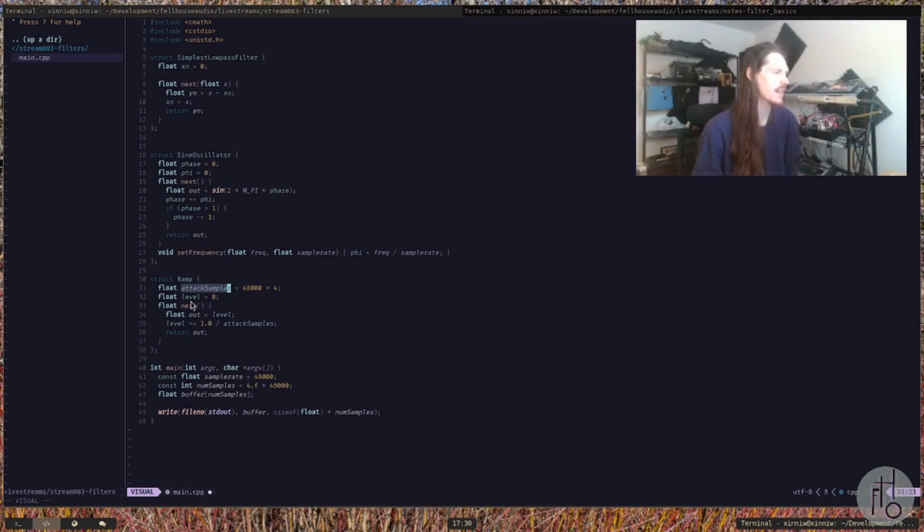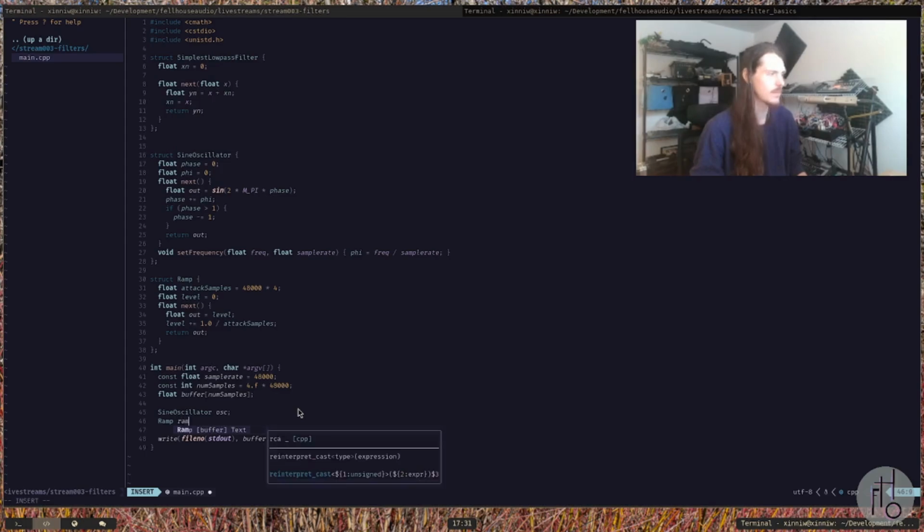We have some attack, we have a level. Every frame we increase the level by attack samples. I'm defaulting the attack to 4 seconds of audio. So we don't need to implement any kind of control structure around this because it's already exactly the ramp we want. It's going to go from 0 to 1 over 4 seconds. Okay, so we're going to have our sine oscillator. We're going to have our ramp. Good deal.